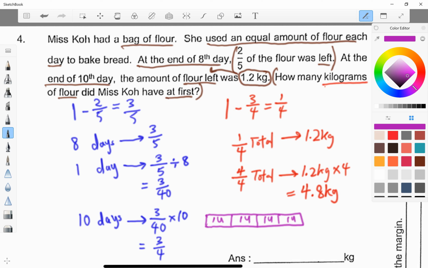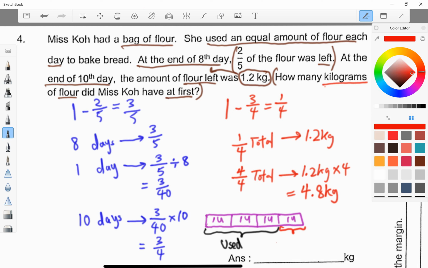And it stated that the amount of flour left was 1.2 kilogram. So how much flour was used? Like what we found earlier, in 10 days 3/4 of the flour was used. So for 3 units, I will label it as used. Then what about the leftover?